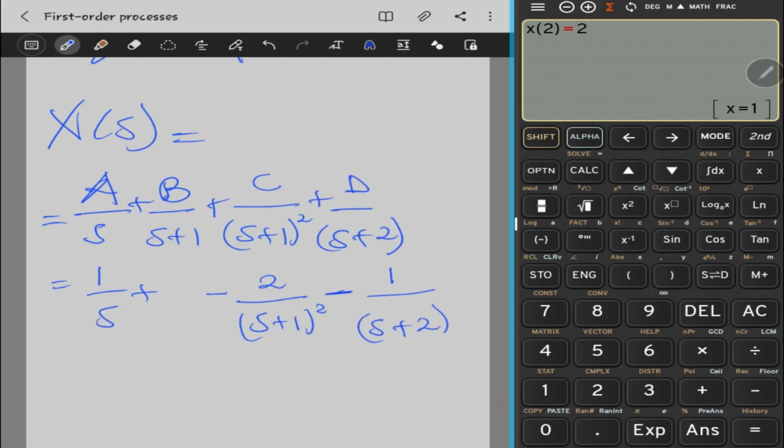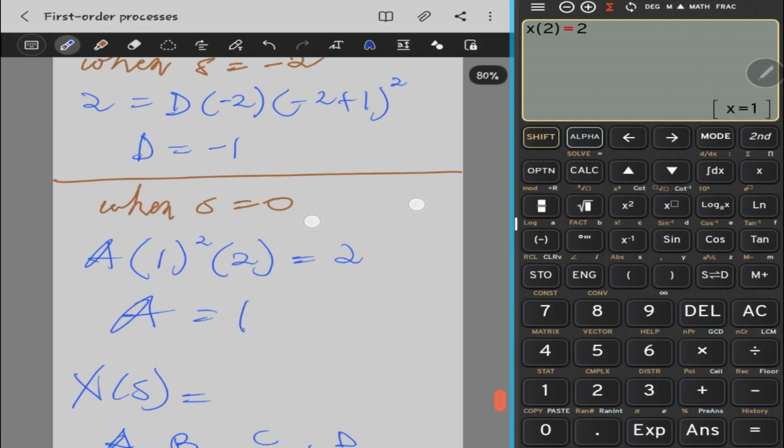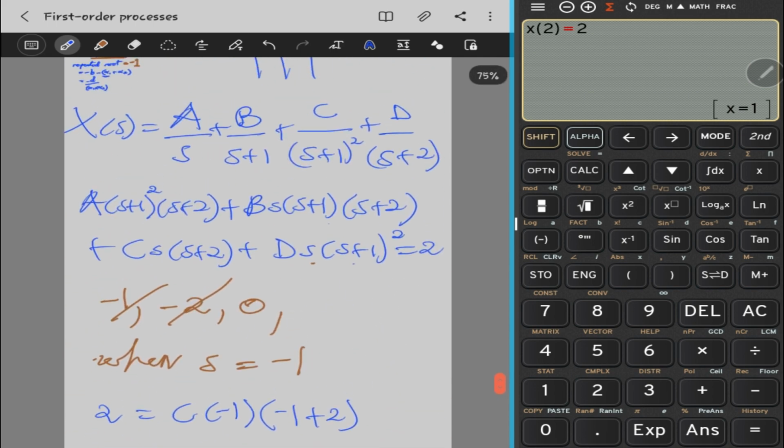The only thing we don't know is b, so let's put it here, b on s plus 1. How we go about this is that we put everything in and then we cancel out and see what happens.